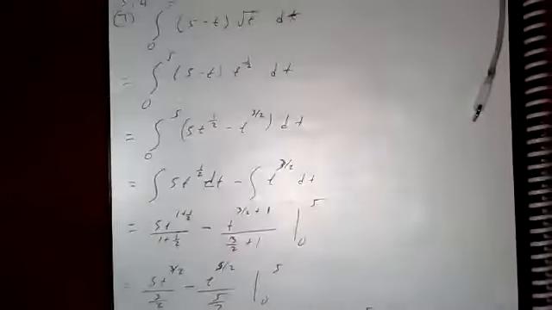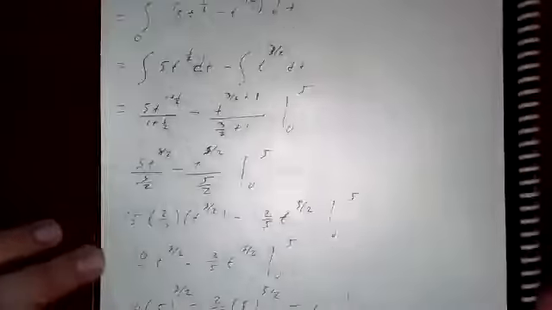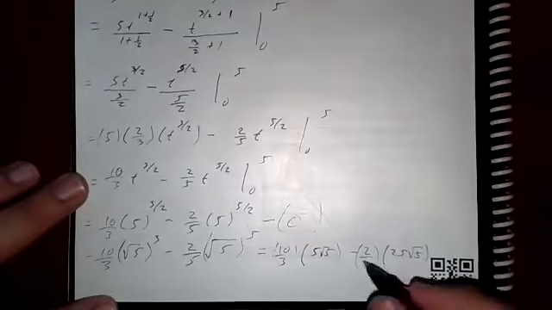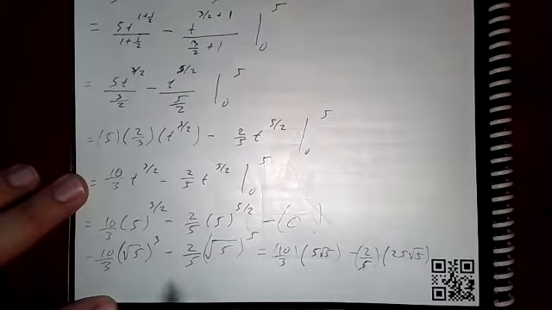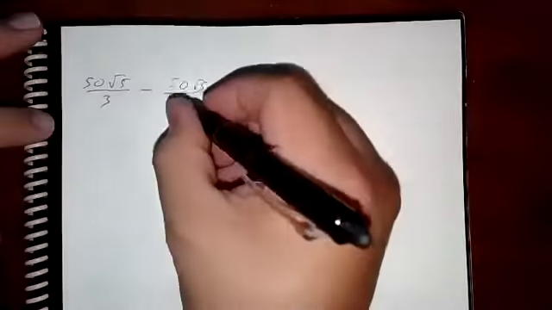Oh, that should have been a 5 right here. Sorry about that, there was a little error here. It should be 5 from this 5. This should be 5 right there.